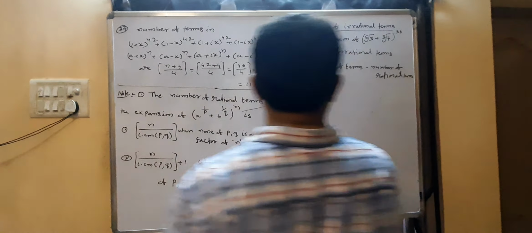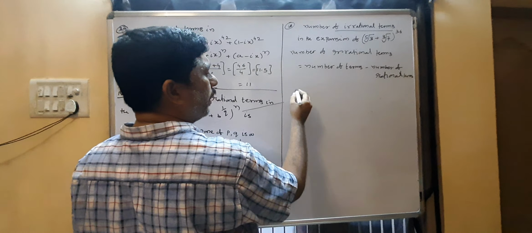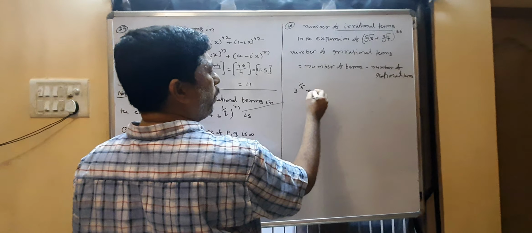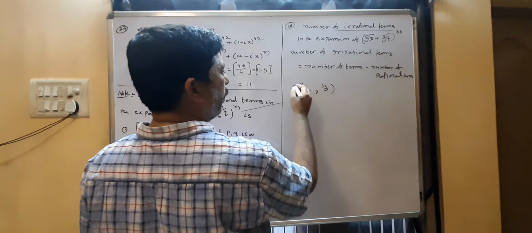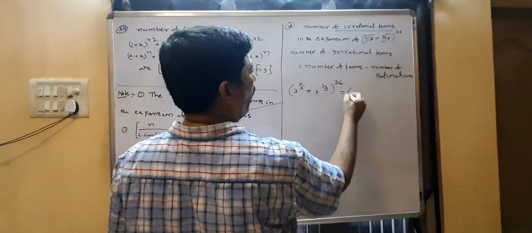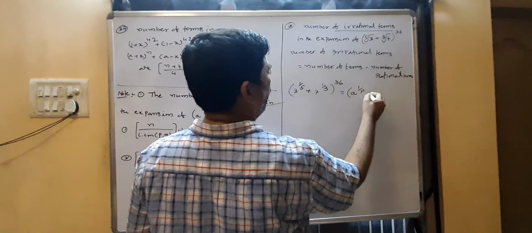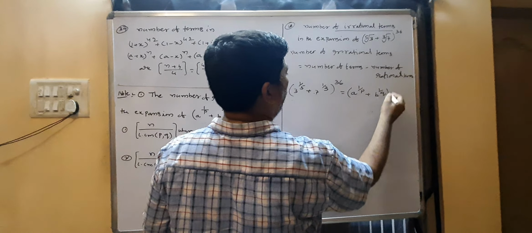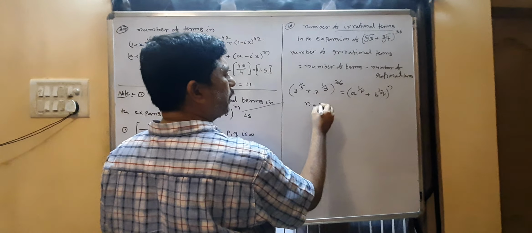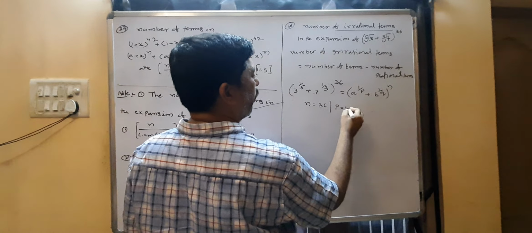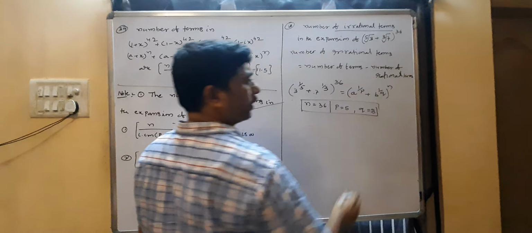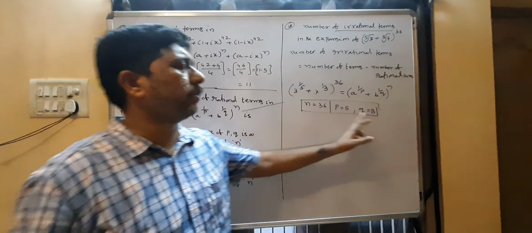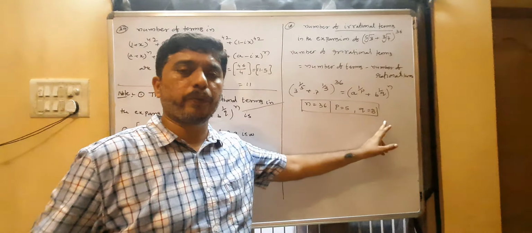Coming to the given expansion, they given fifth root 3, that is 3^(1/5), plus 3^(1/7)... whole power 36. So this is of the form (a^(1/p) + b^(1/q))^n. n is 36, p is 5, q is 3. 36 is a multiple of 3.